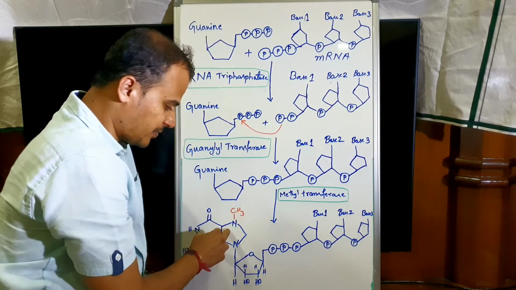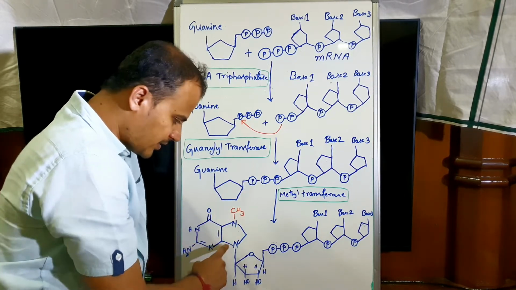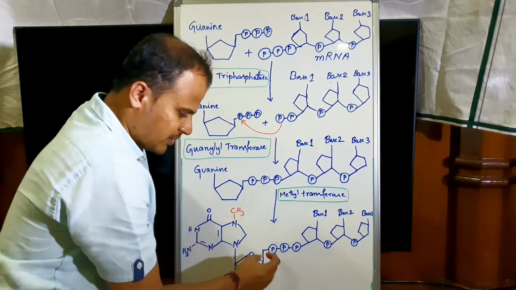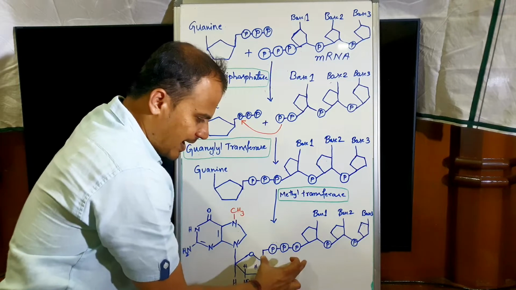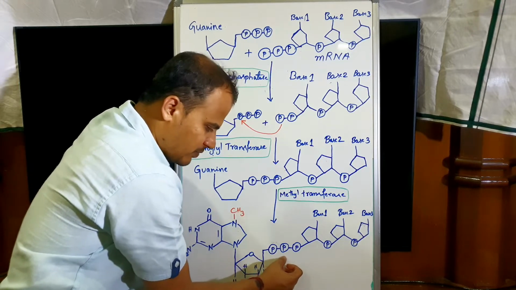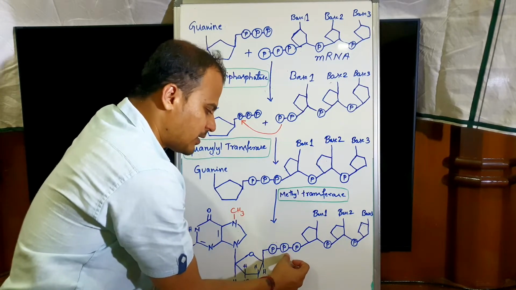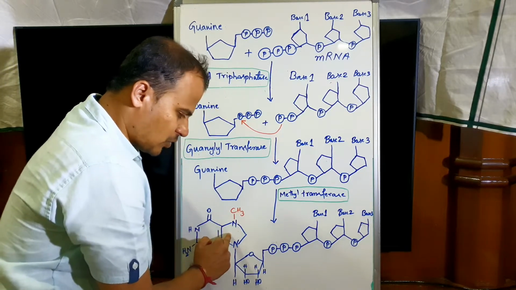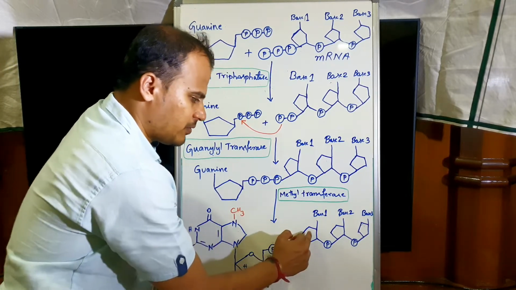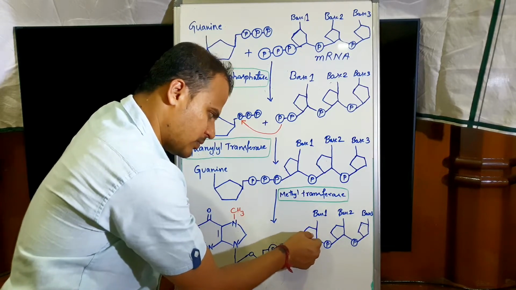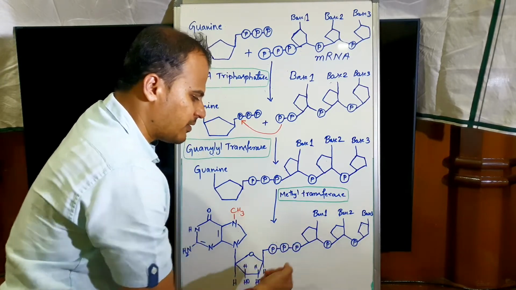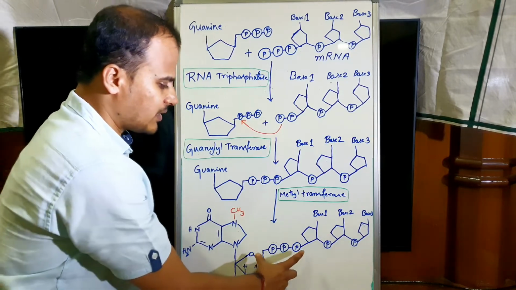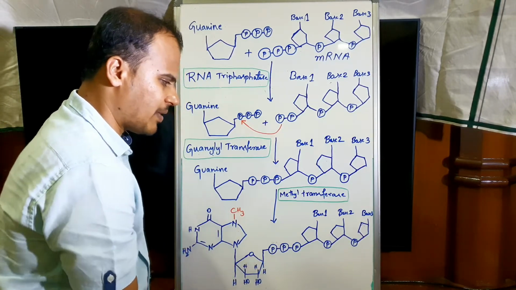This results in what is called 7-methyl guanosine. So 7-methyl guanosine has established the triphosphate bridge between the 5' end of the guanine nucleotide and the first nucleotide of the mRNA. This is called the cap of the mRNA.